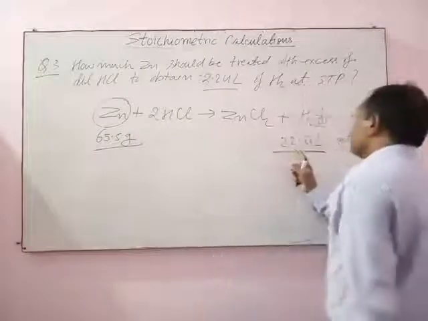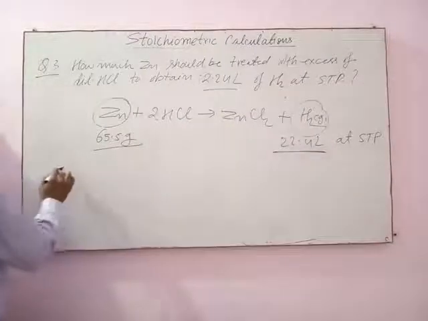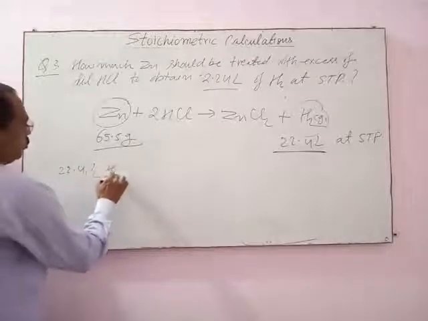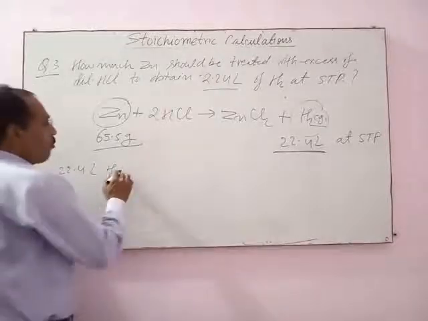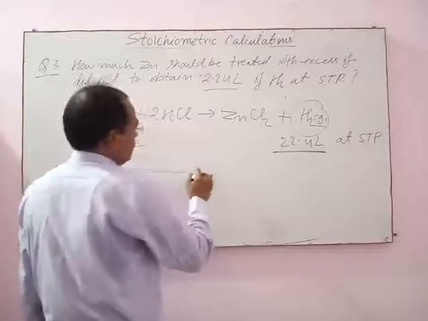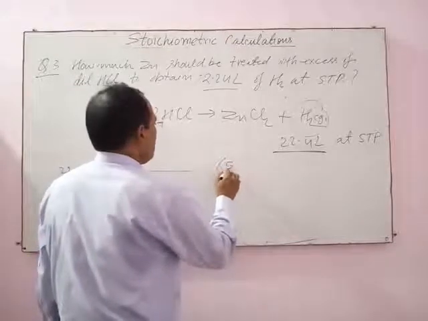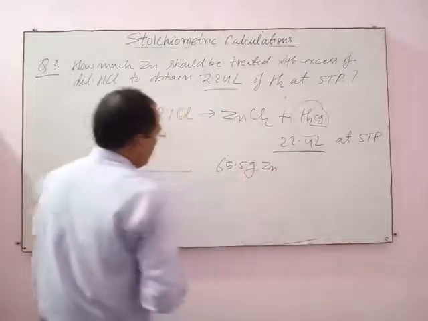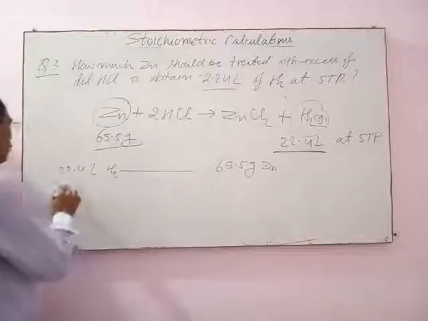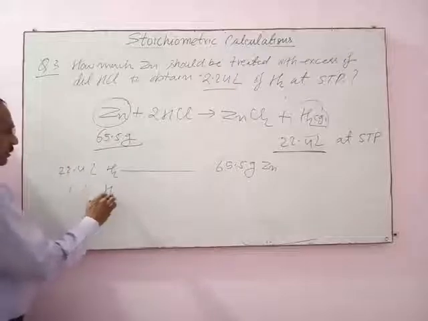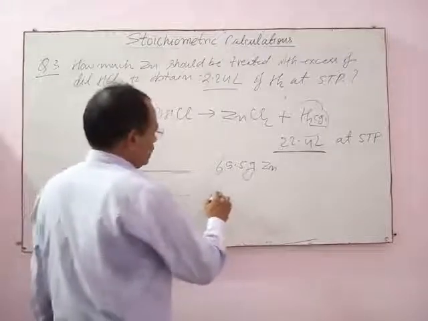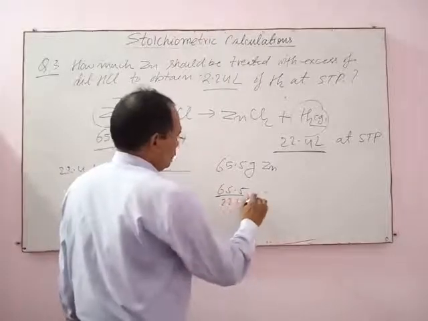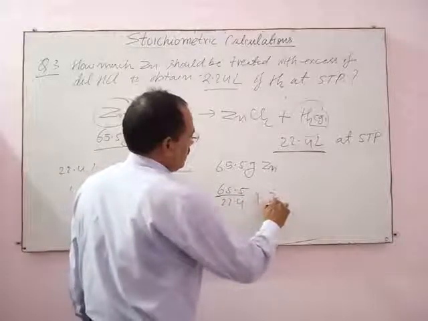So 22.4 liters of hydrogen requires how many grams of zinc? 65.5 grams of zinc. Then 1 liter of hydrogen requires 65.5 divided by 22.4 grams of zinc.